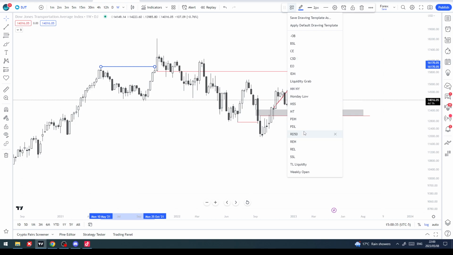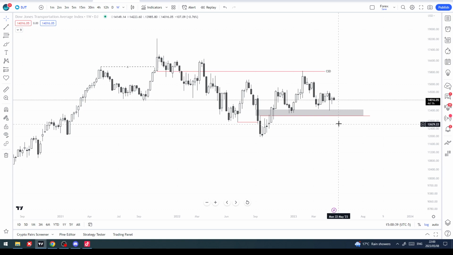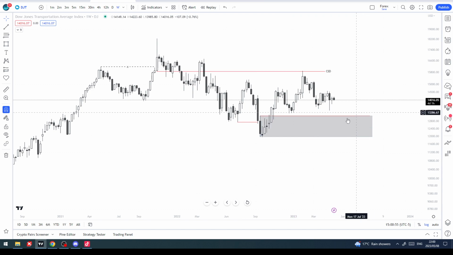So for the DJT, we are actually looking for retracements to go long, right? But it has to come into this order block formed here. So we're looking for it to get back down here, and we're looking for this area here to hold.